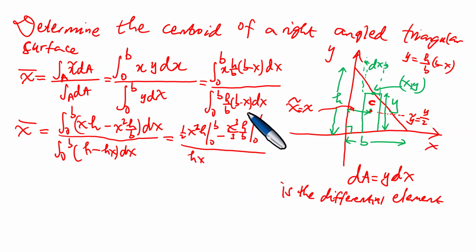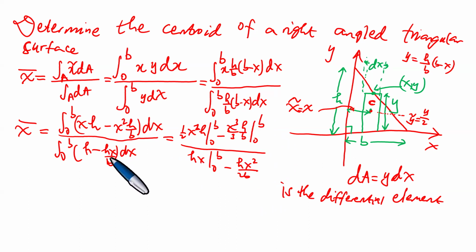So this one is going to be hx out of b here. And therefore, this is exactly hx from 0 to b minus hx squared divided by twice b.